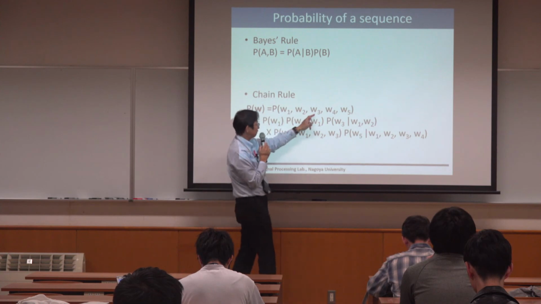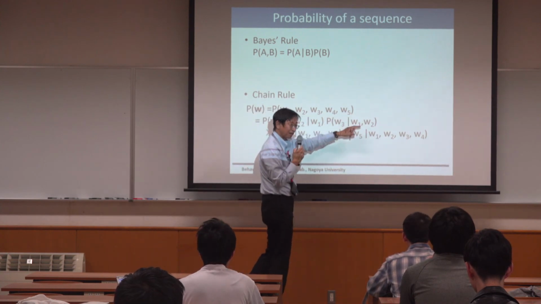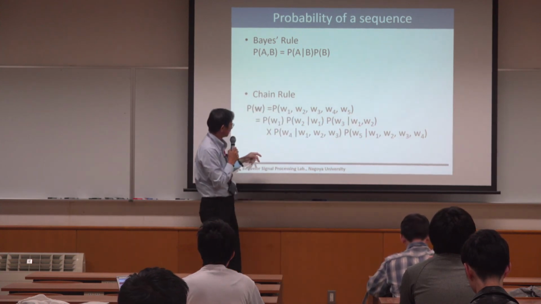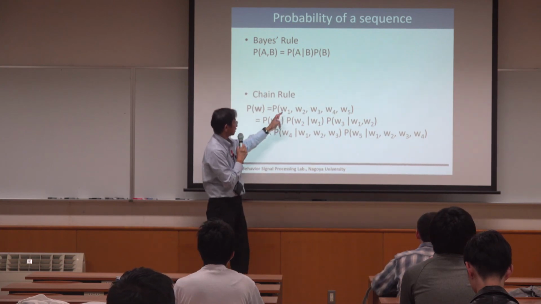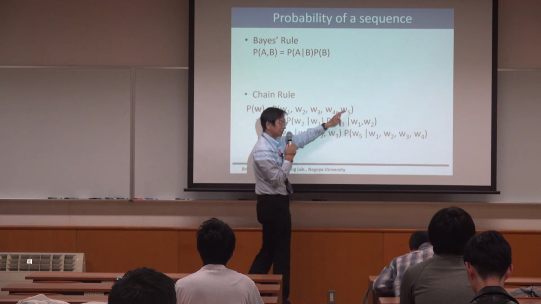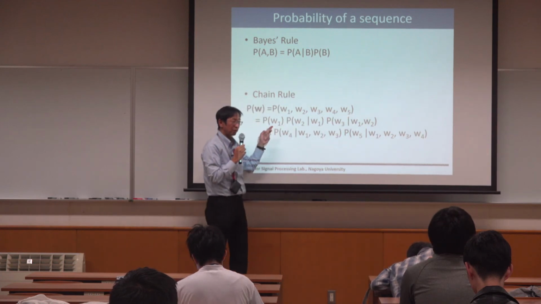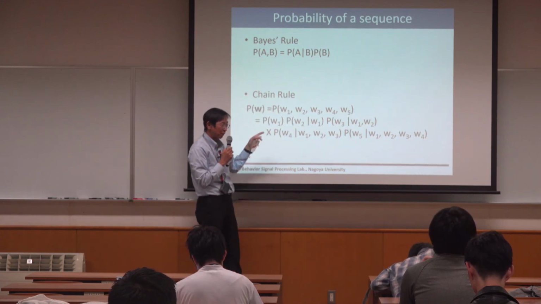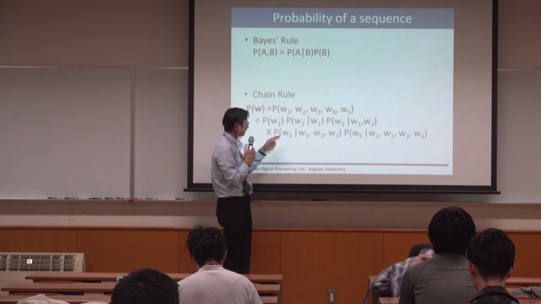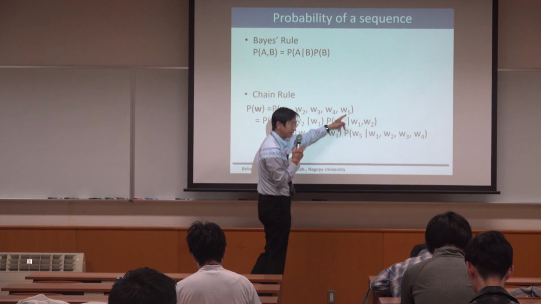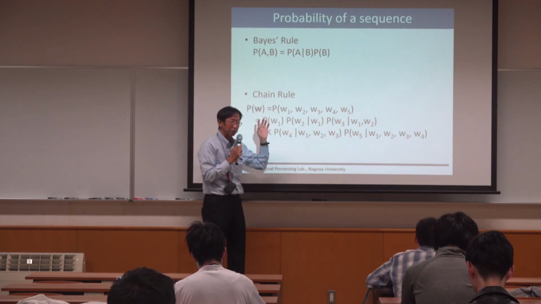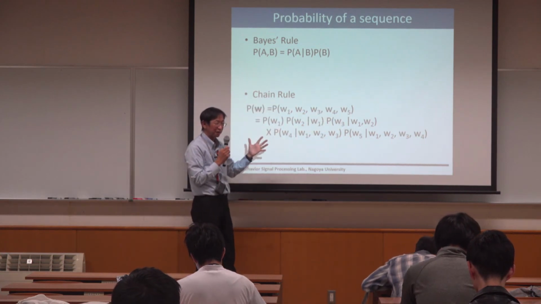Suppose that the probability that 今日私は学校へ行った happens is very probable, comparing to 今日私は学校空海, where that sequence of words does not happen so frequently.